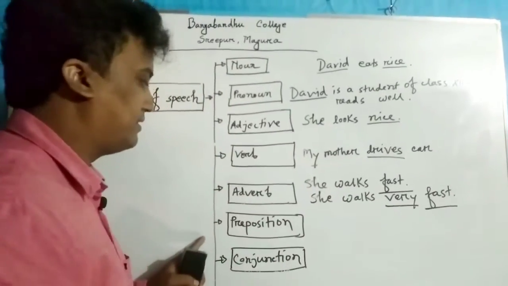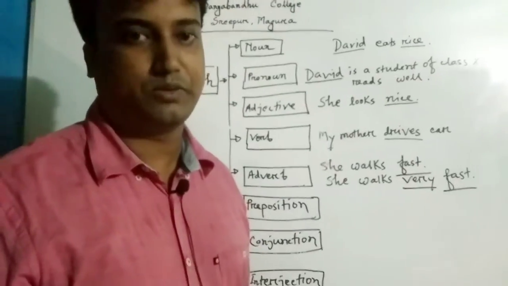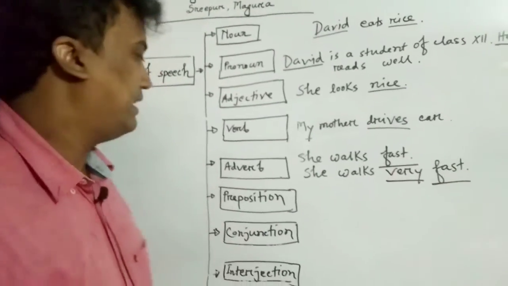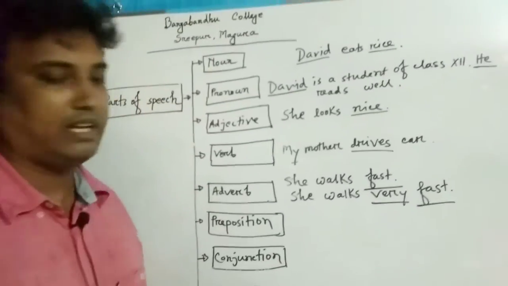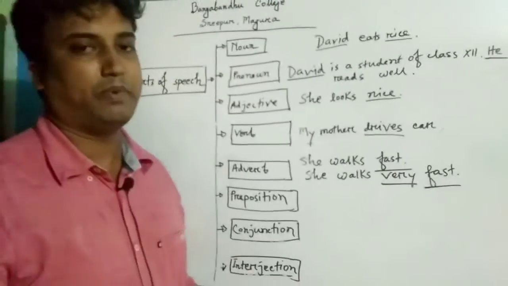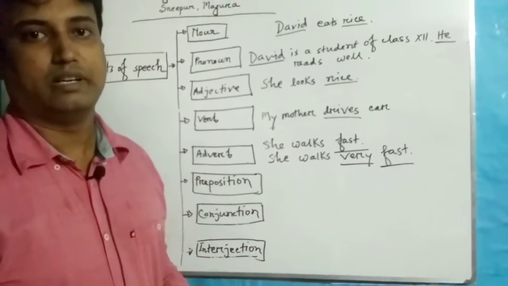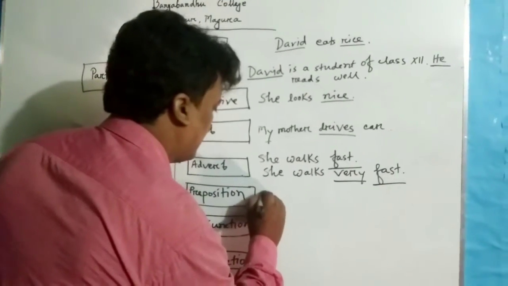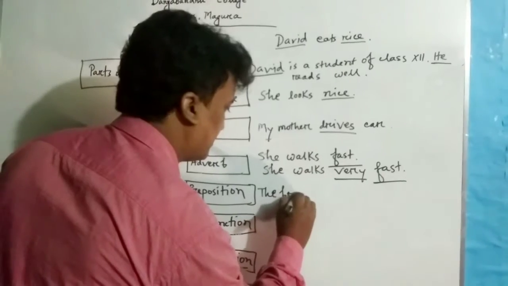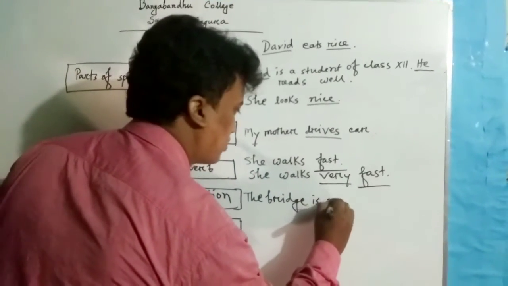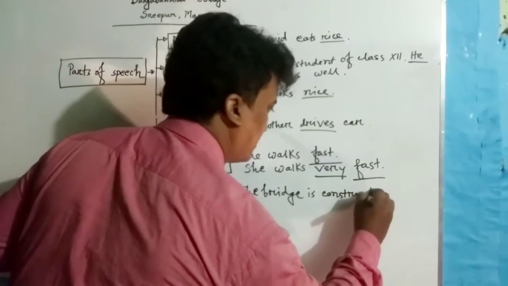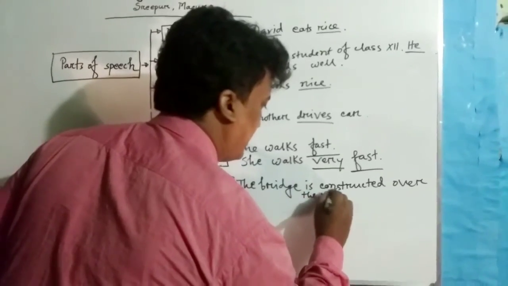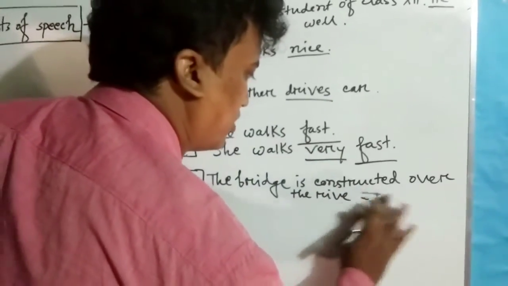The next one is preposition. So what is preposition actually? Preposition is a word in a sentence that shows the relationship between nouns or other words. For example, the bridge is constructed over the river Jamuna.